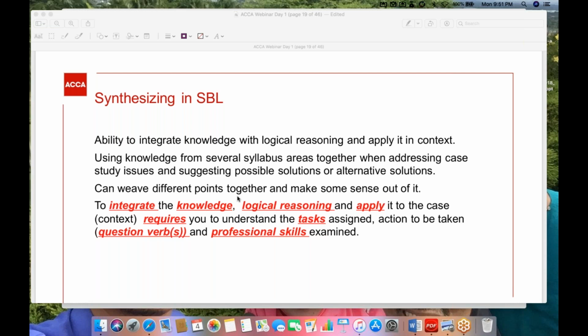So the way you write and discuss should reflect commercial acumen skills. It means the professional skills tell you how you are going to write your answer. When you execute the actions using the question verbs, the way you put your points together has to reflect your professional skills.